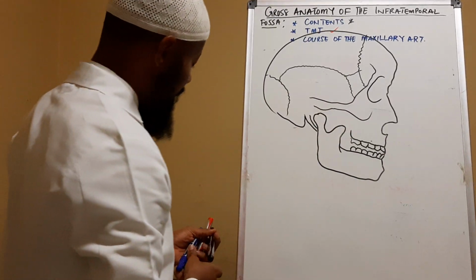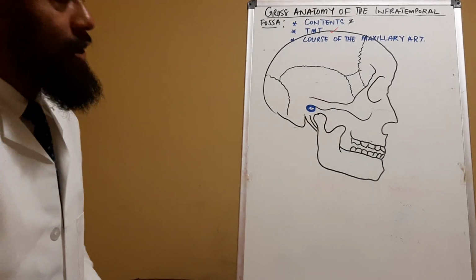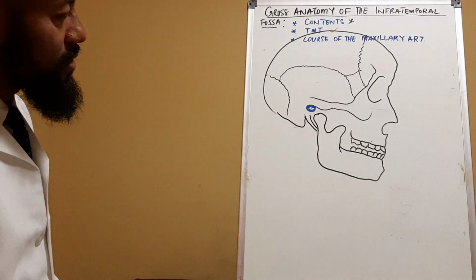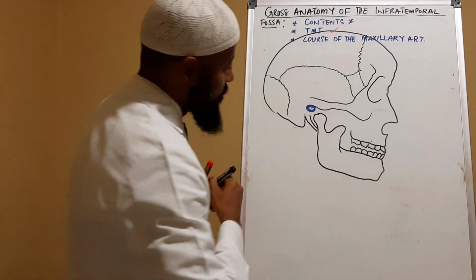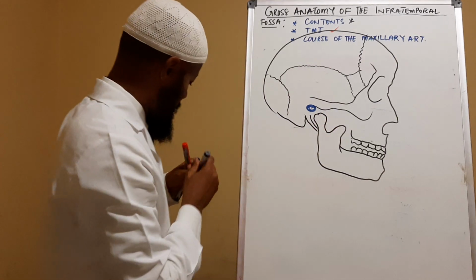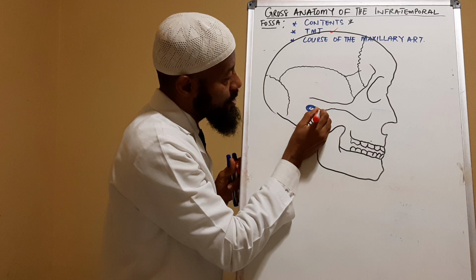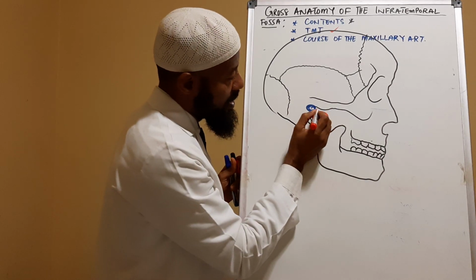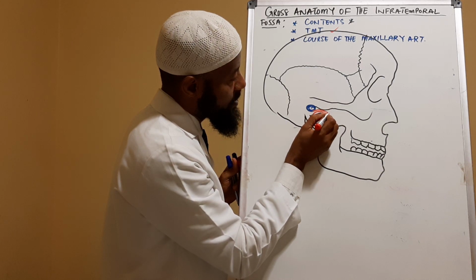So what we're saying here is that right here is your external acoustic meatus, and the TMJ is right there. That's the TMJ. So that's the joint capsule, and here is the mandibular fossa.